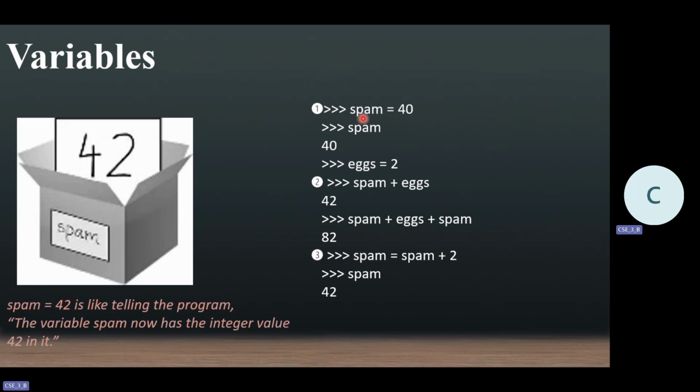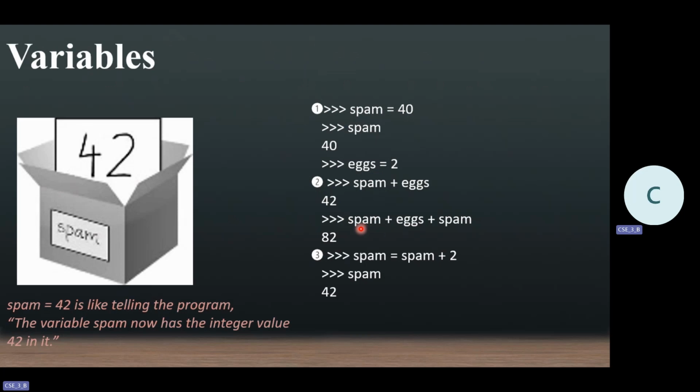Now we can observe here, we have assigned the value 40, and then we try to display this. We got the result as 40. Then here we have assigned another integer variable, and because the variable value keeps on varying, we have performed the addition with respect to these two variables, and we got the result as 42, that is 40 plus 2.